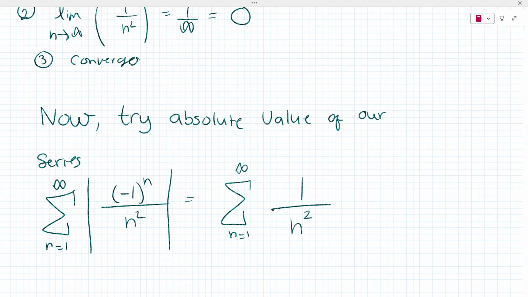The absolute value makes it positive, so over here we have 1 over n squared. It's no longer an alternating series. You can't use the alternating series test because it's no longer negative 1 raised to the n, so you're going to have to use another test.